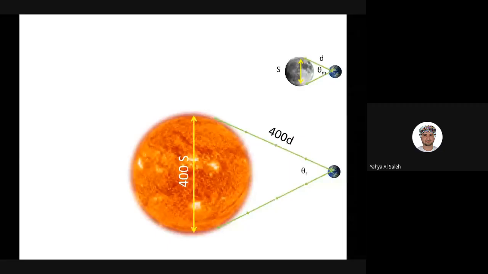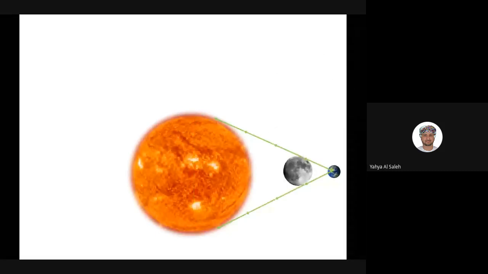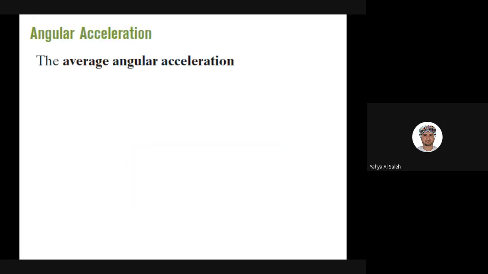Let's see. The moon has a distance d and a diameter s. The sun has a distance 400d and a diameter of 400s. When we look at theta, we said it's s over r.